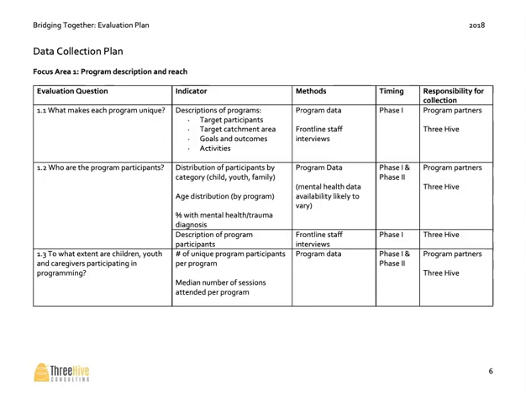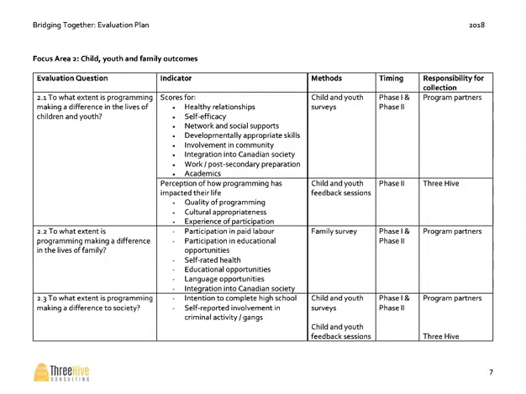Our final evaluation question here is around the extent to which children, youth, and caregivers are participating in the program. So we want to know, are children coming once in a while? Are they coming all the time? And then that participation leads us to the outcomes that we expect to see.